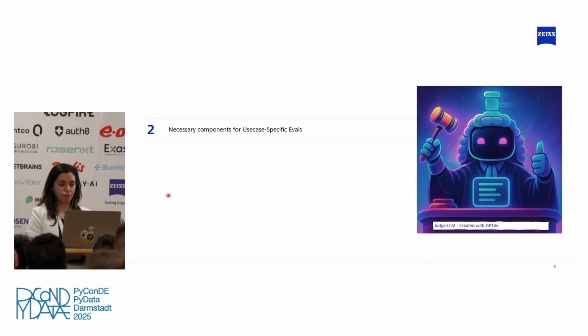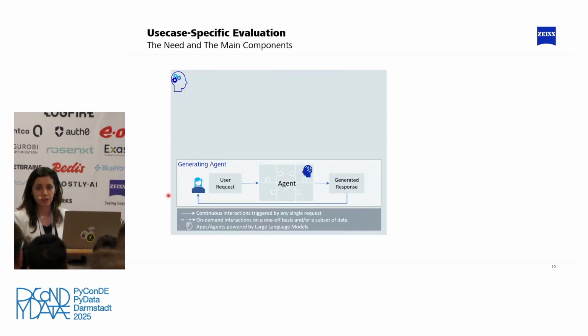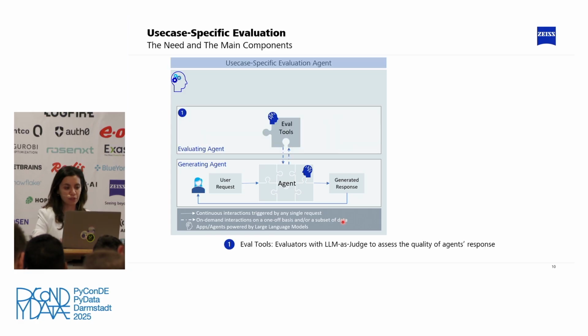Now, if we want to perform use case-specific evaluation, what are the two basic components that we need? Starting from the agent that I was talking about, we have the user request, the agent, and the generated response. What we want to do is to evaluate the generated response. The first component that we need are these evaluating agents, which are eval tools, mostly leveraging LLM as judge, and they are assessing the quality of the output of the agent.